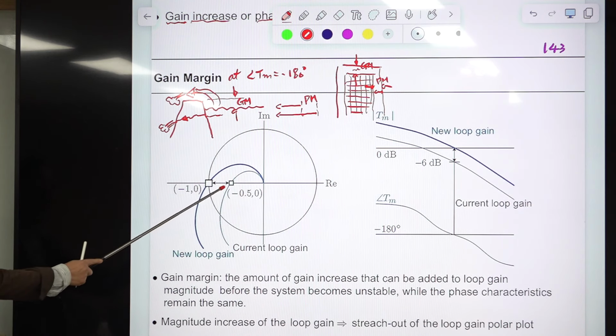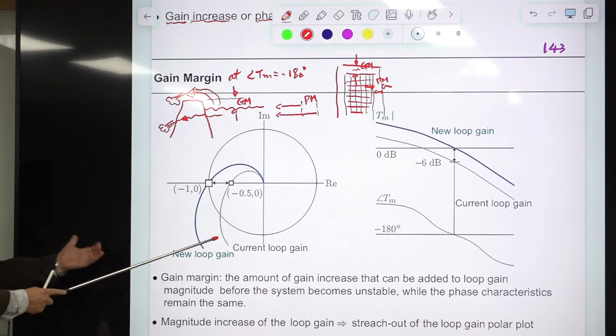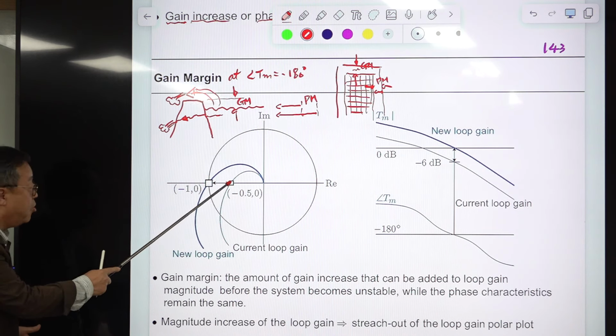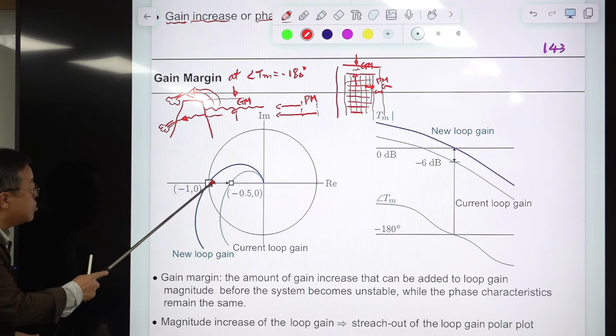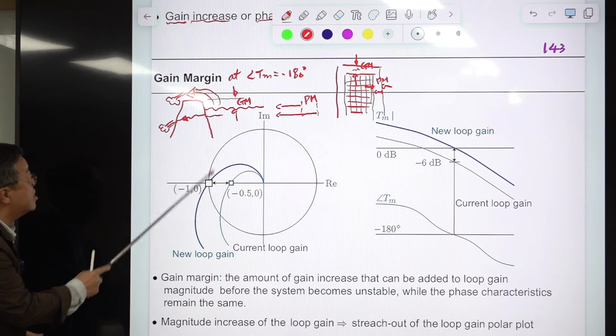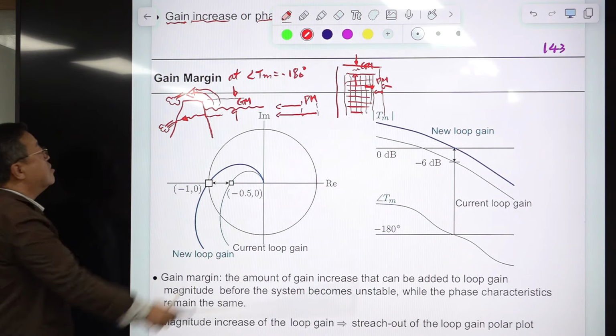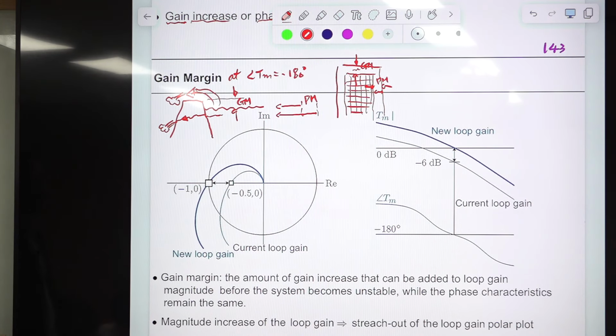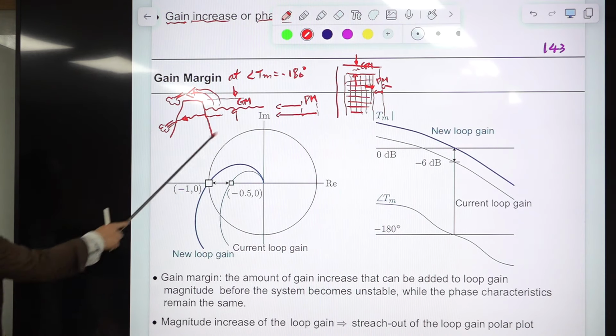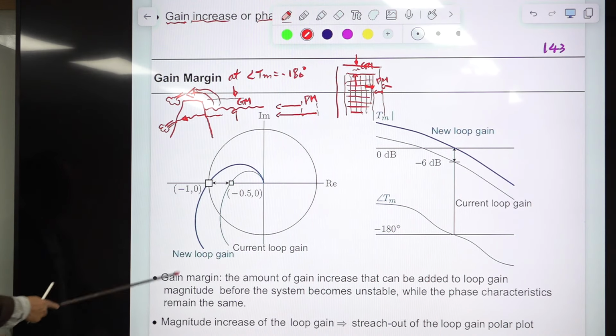So this is a gain margin of 2, okay? Gain increased by twice, then this point will move like this, okay? So you are evaluating gain margin at this frequency where the loop gain phase falls to minus 180 degrees, okay? So this is the representation of gain margin in the polar plot.